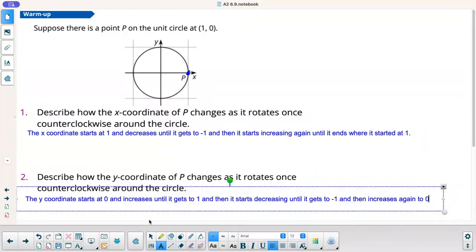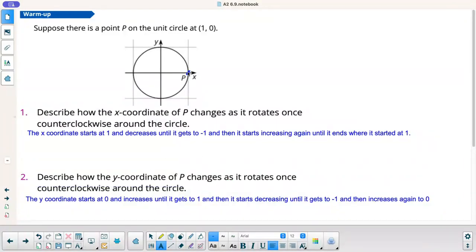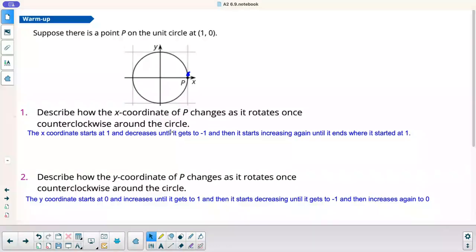So you can think of it like, it starts at 0 here, it's going to increase to 1, and then it starts decreasing until it gets to -1 right here, and then it increases back to 0.